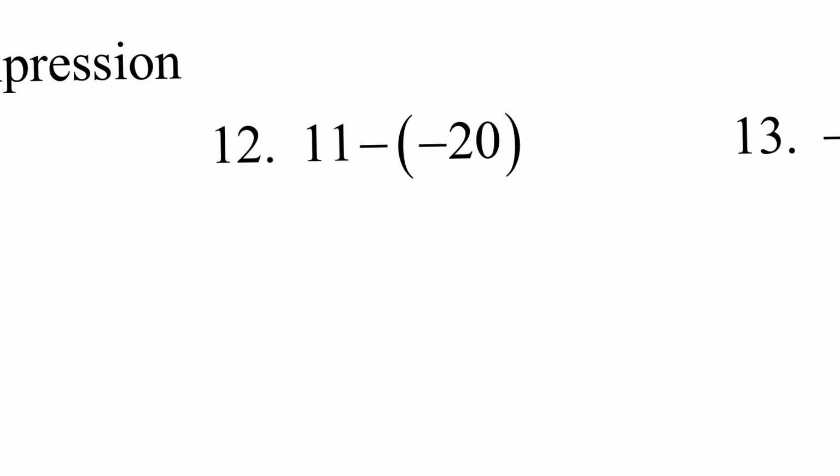So let's try this one. 11 minus negative 20. That's a double negative because you have a negative and a negative right here. Double negative. There's a parenthesis in between. So we are going to change all of this right here into a positive 20. So there's my plus 20. Now the first number, you bring it down. You're not going to change the sign.